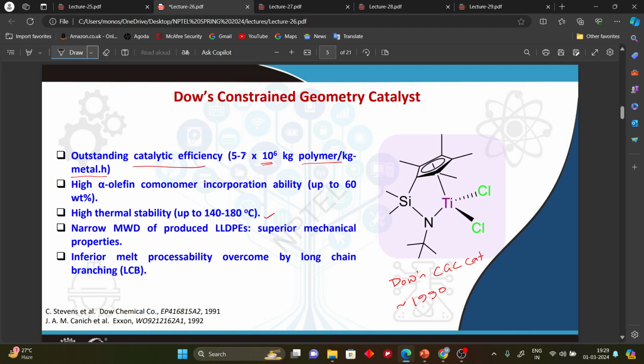Efficiency is 5 to 7 times 10 to the 6 kg polymer per kg metal, and alpha olefin monomer incorporation ability up to 60%, high thermal stability, narrow MWD for LLDPE, with good mechanical properties.